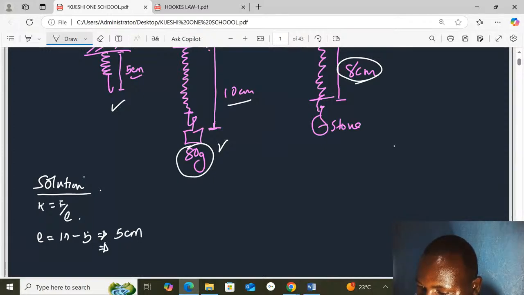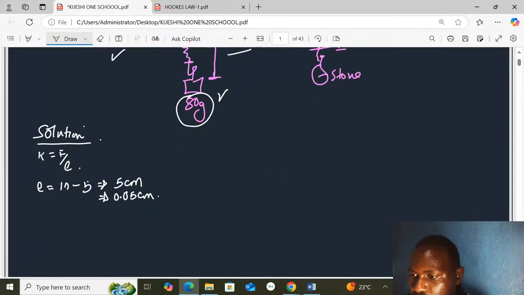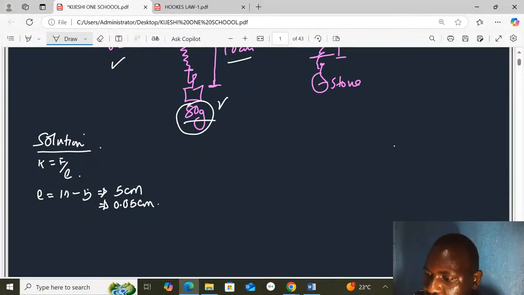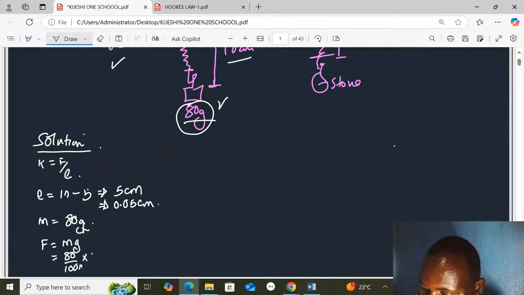And this one is equivalent to 0.05 meters. The mass that is being hung here is 80 grams. We want to convert this mass into weight, where we'll say force is given by mass times gravity. This one will be 80 divided by 1000 times 10 newtons per kg.